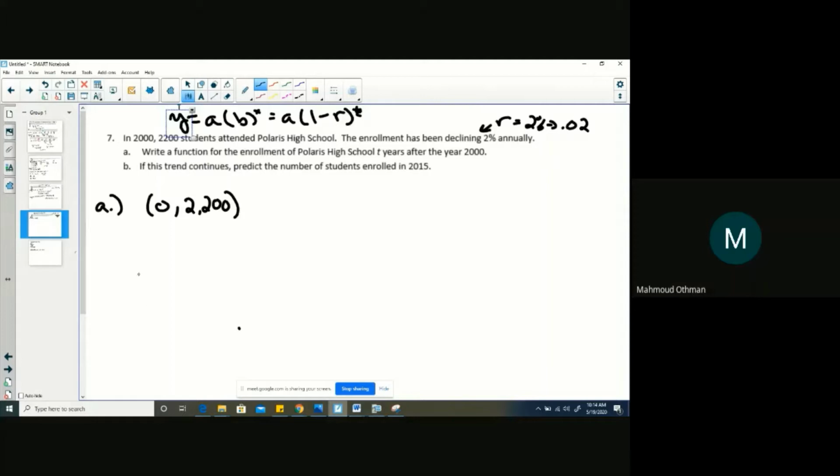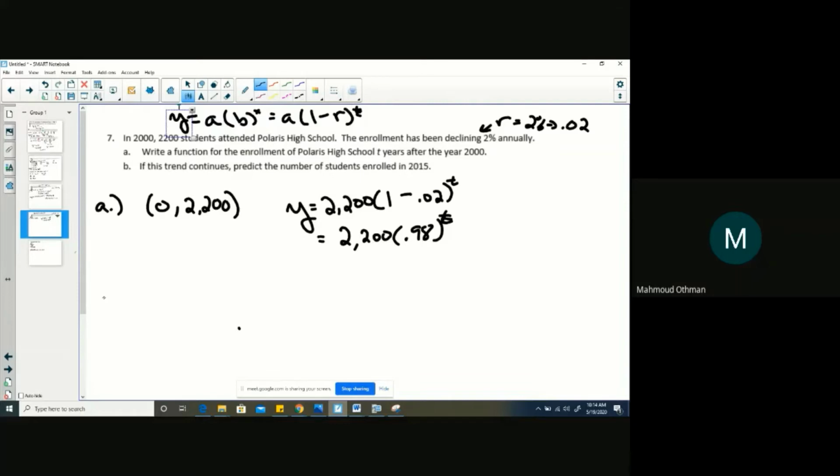Now I plug it into my equation. y equals 2,200 times 1 minus 0.02 to the t, which equals 2,200 times 0.98 to the t, and that is that for that part.